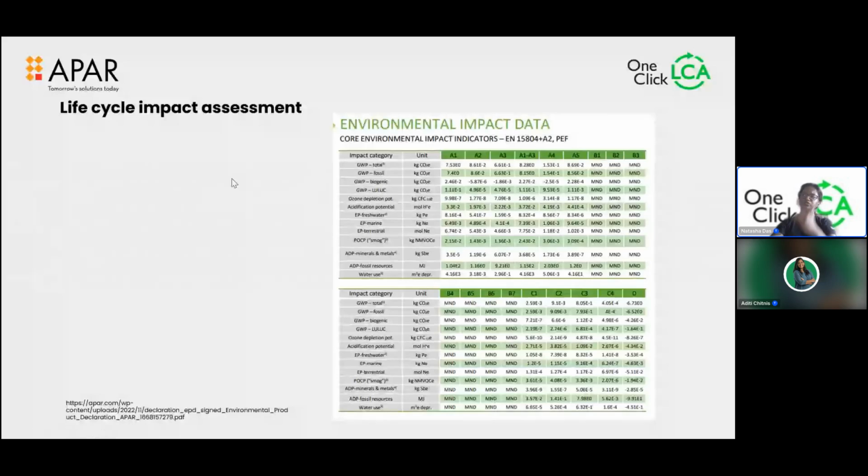All of this information is given to you. It's a commercial benefit, of course, but it is also an important document for you to understand your environmental impact and how you can reduce it.